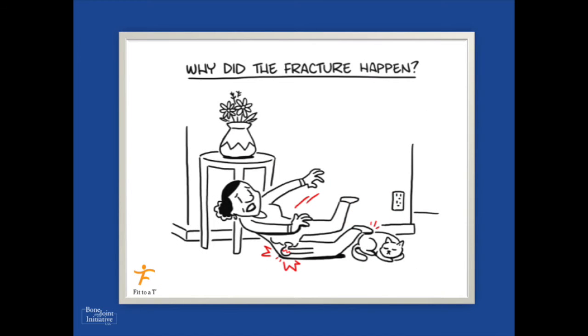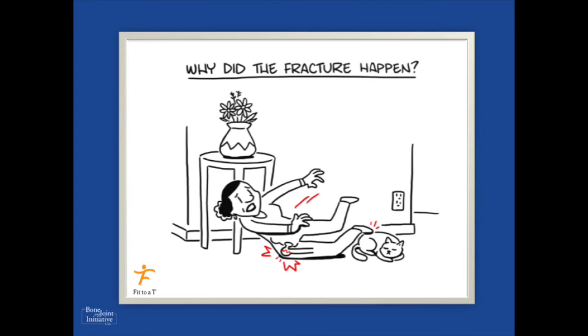An important point to make is, why did a fracture happen? Most often, osteoporotic fractures are caused by very little trauma. We often call these fragility fractures, or basically a fall that happens from standing height, such as tripping on a rug or falling in the yard, and a bone then breaks.